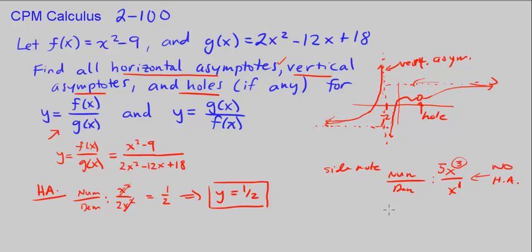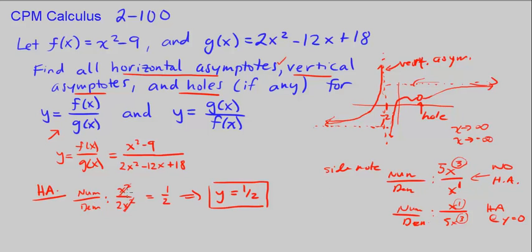And if we had the opposite, x over 5x cubed, where the power is smaller, then we have a horizontal asymptote at y equals 0. We'll learn about this more in depth later because it has to do with the limits as x approaches infinity and negative infinity.